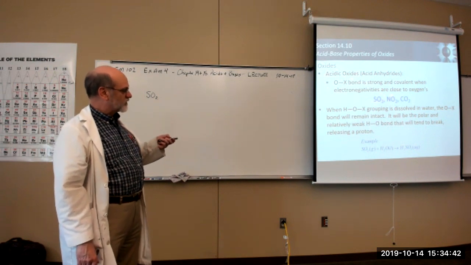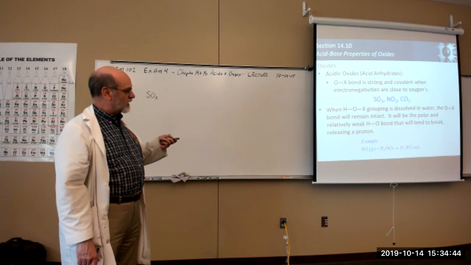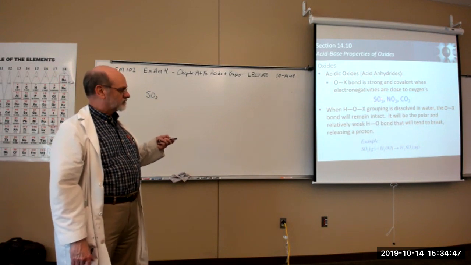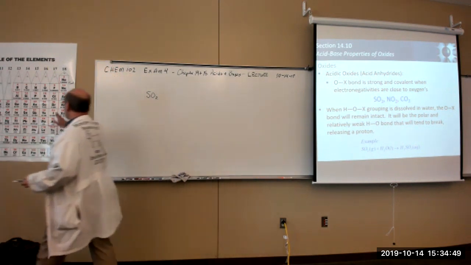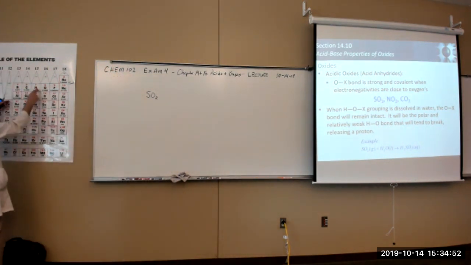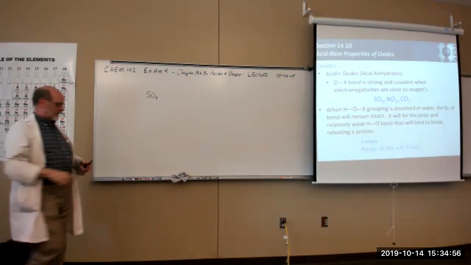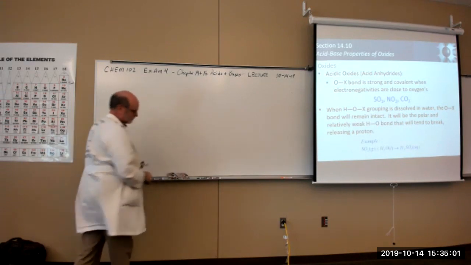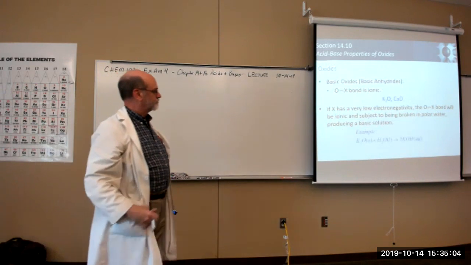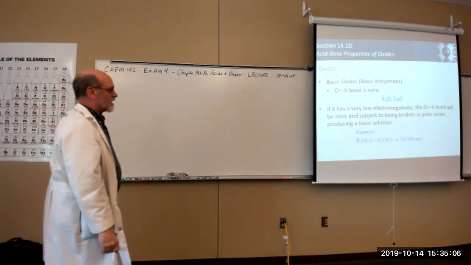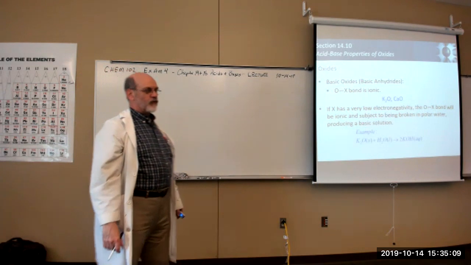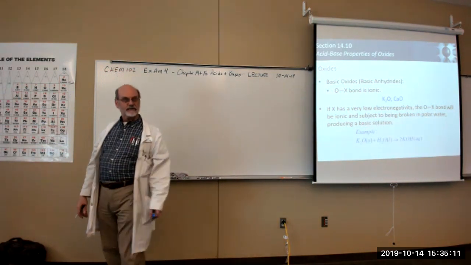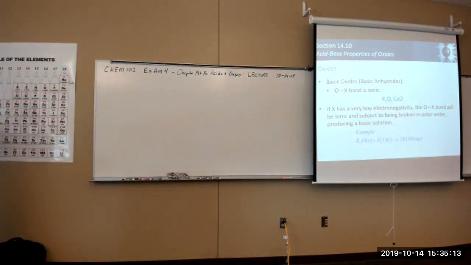These oxides are always formed by non-metal oxides, right? So the oxide forms with this one and this one in our examples, so they're all oxides of non-metals. The basic oxides are oxides that form from metal ions, like potassium, calcium, sodium.